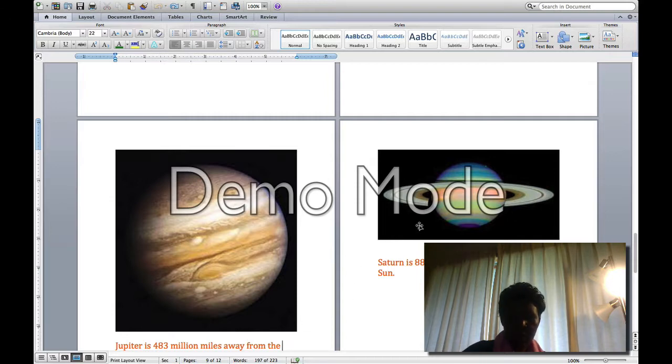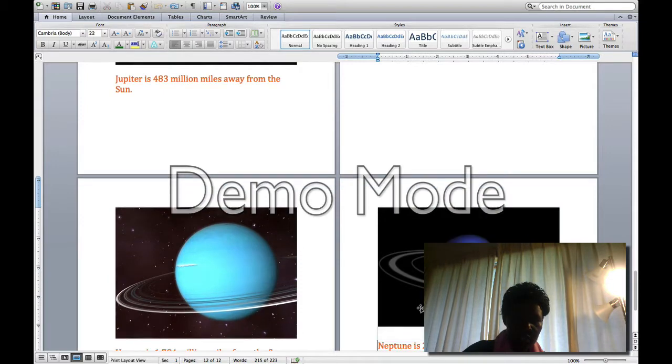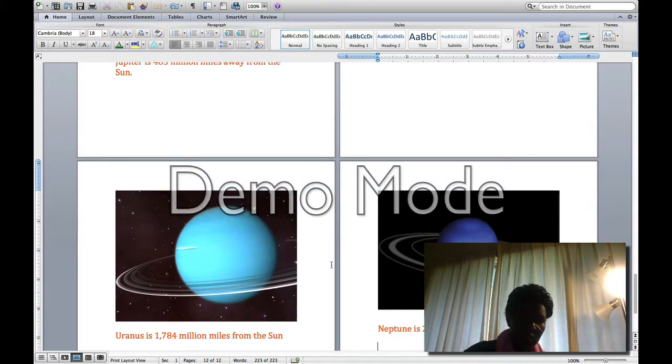The next planet to Jupiter is Saturn, and this is Saturn. See, it has rings, and it is 887 million miles away from the sun. The next one is Uranus.